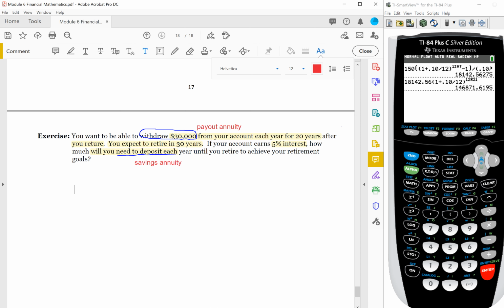So maybe the first part of this problem is we need to find out how much money needs to be in the account to fund the $30,000 payments during the retirement or payout annuity portion. How much money needs to be there to fund this?